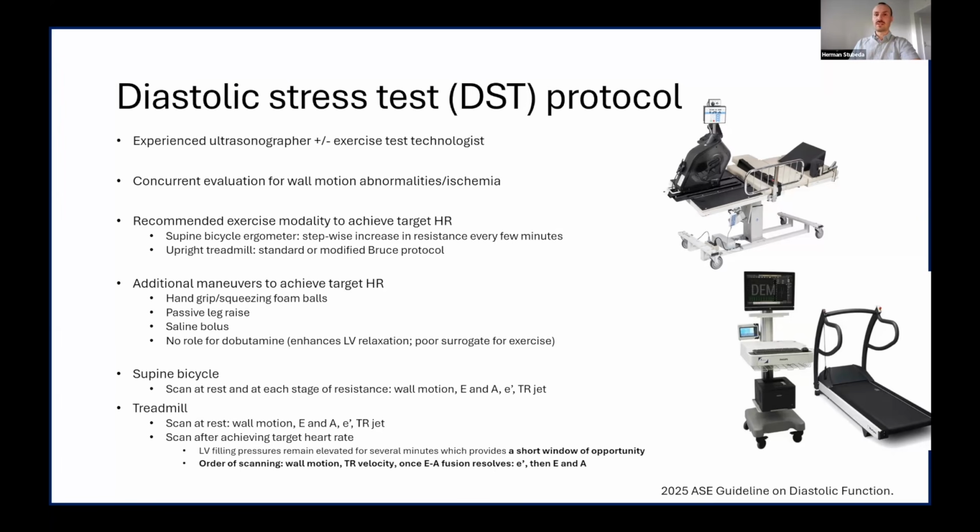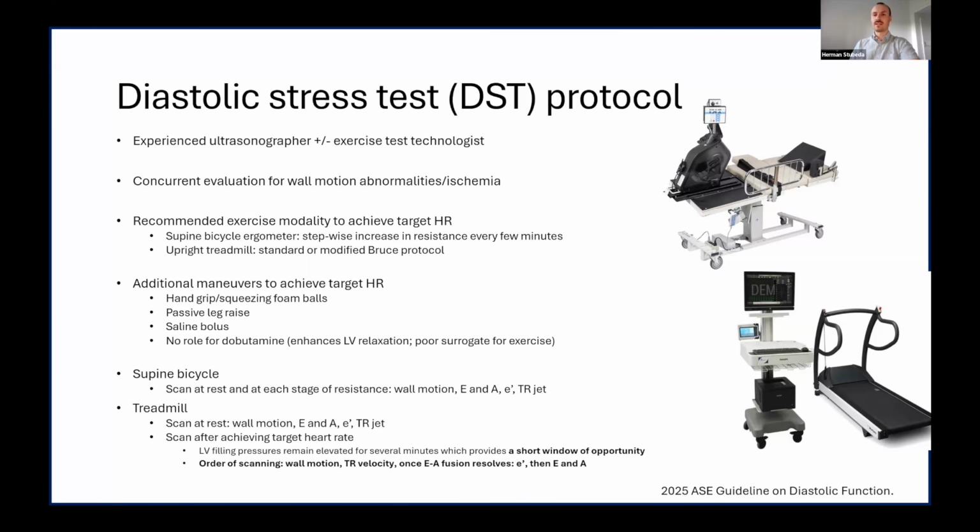There is a specific order that needs to be followed based on the fact that there's such a narrow window of opportunity. First off, we're going to scan for wall motion, and then we're going to scan for the TR jet. We can't scan for the E and A velocities or E prime velocities right away because during high heart rates, there's a phenomenon called EA fusion.